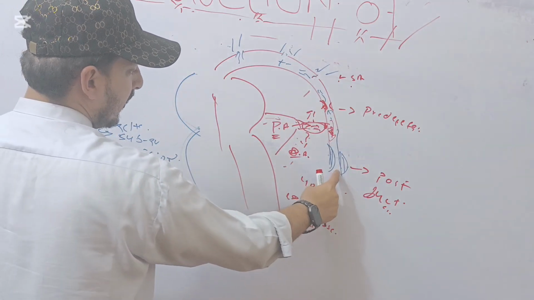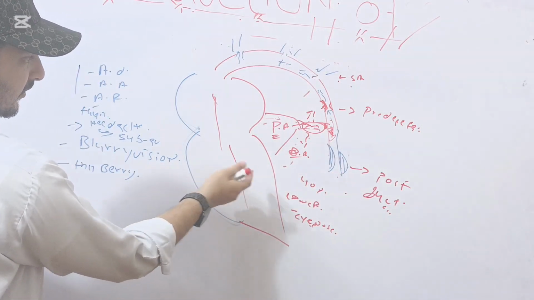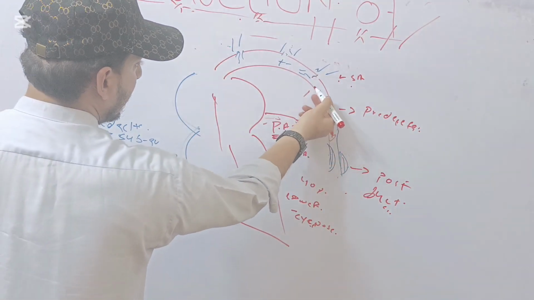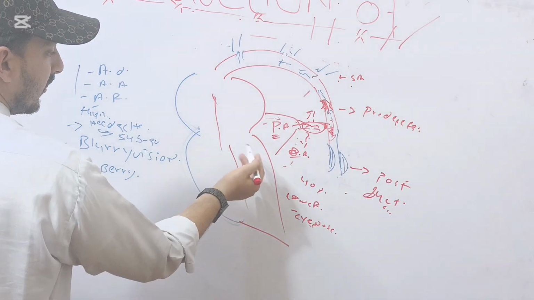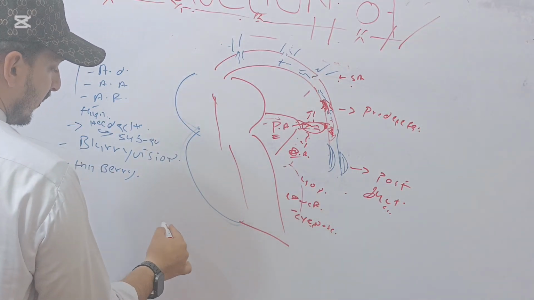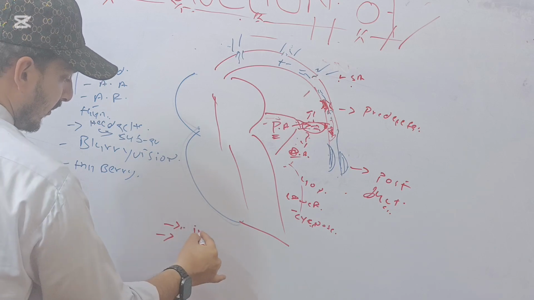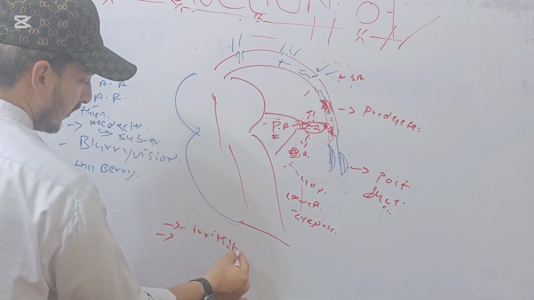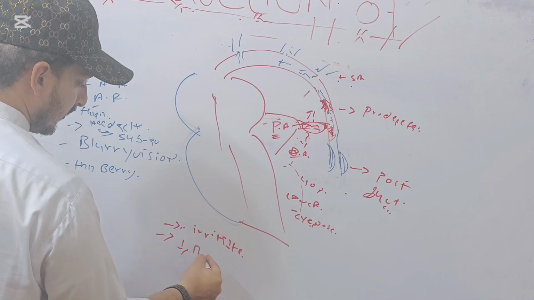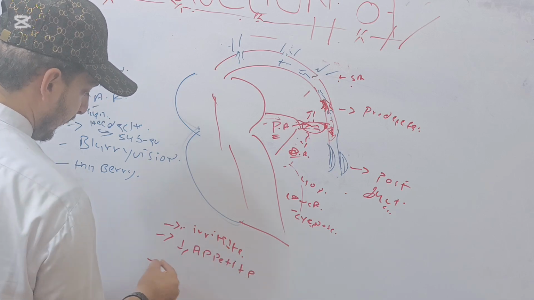If they block, cardiogenic shock may occur because the pressure here is up and oxygenated and deoxygenated blood mix, and the baby may become irritable, with decreased appetite and diaphoresis.